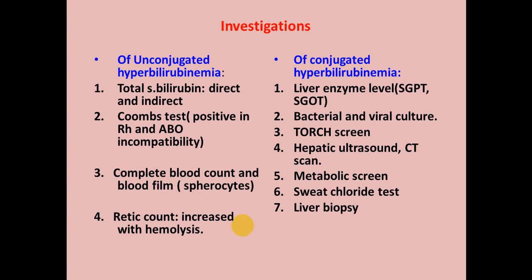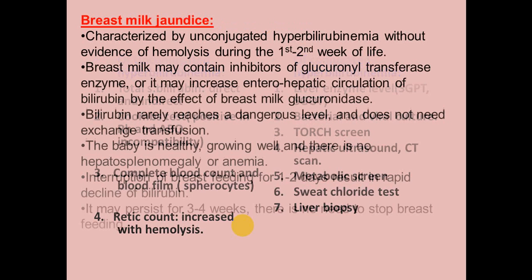So we may send for liver enzymes, which will be elevated in case of hepatitis, bacterial and viral culture if there is septicemia or hepatitis, TORCH screen if we suspect stigmata of TORCH infection, hepatic ultrasound and CT scan to detect choledochal cyst or intrahepatic biliary atresia, metabolic screen as we said in case of galactosemia, sweat chloride test in case of cystic fibrosis, and if the diagnosis is still obscure, in certain glycogen storage disease or another storage disease, we may send for liver biopsy.